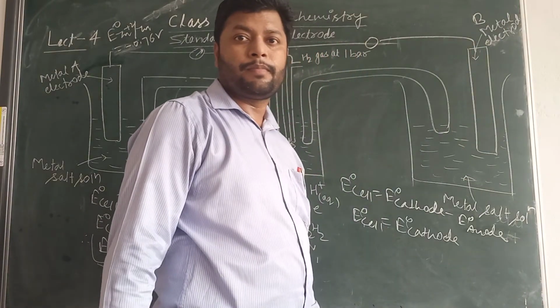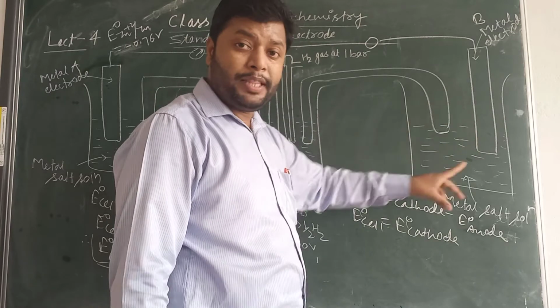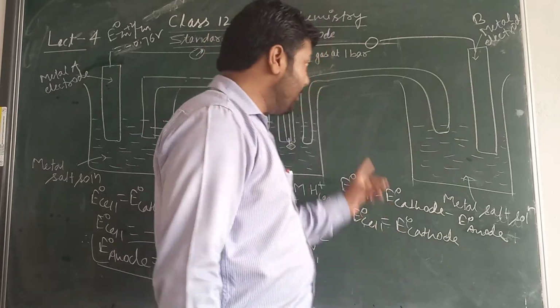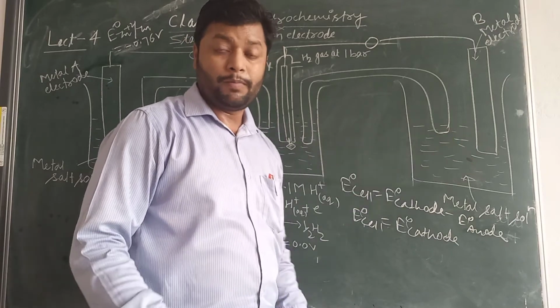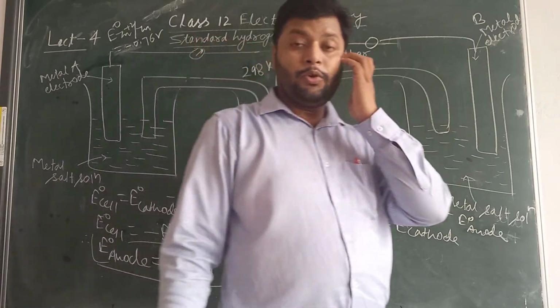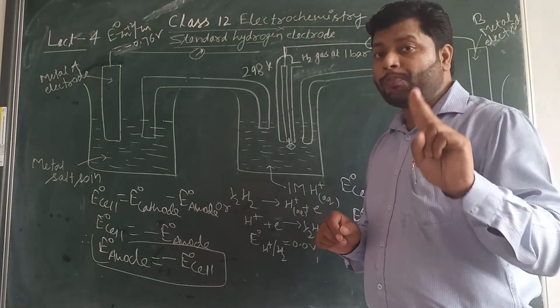If metal B has a tendency to become a cathode compared to hydrogen, the cell potential value will be equal to the value of the electrode with a positive sign. So class, there are two possibilities only.